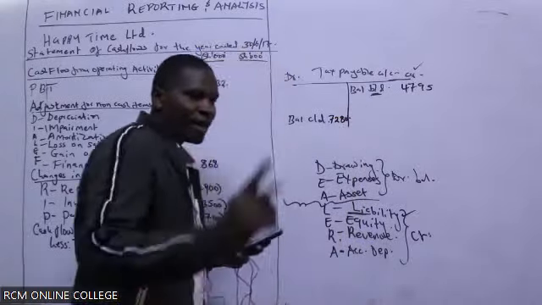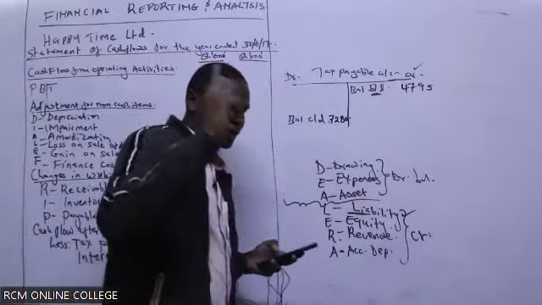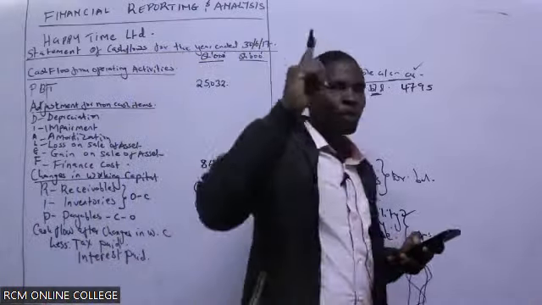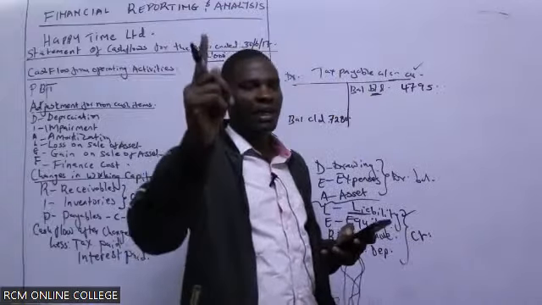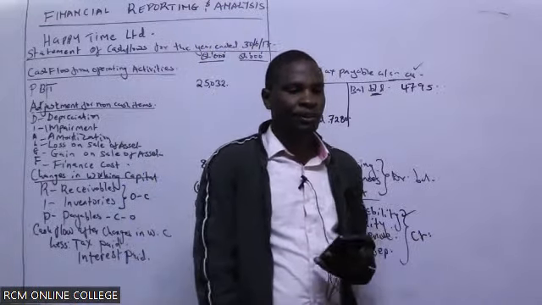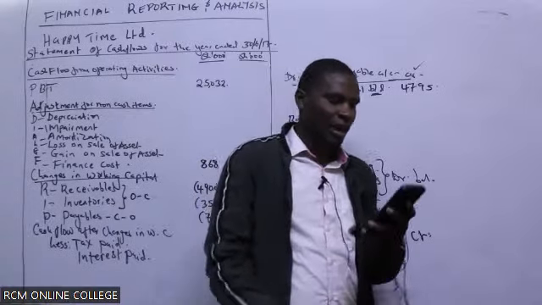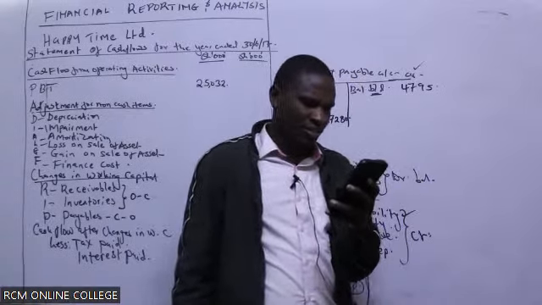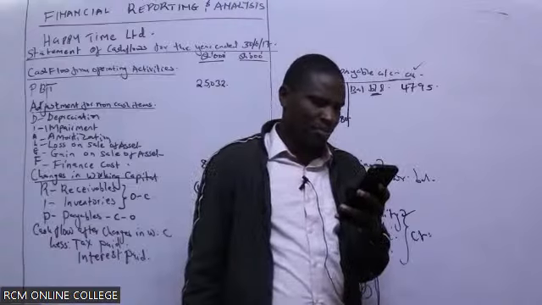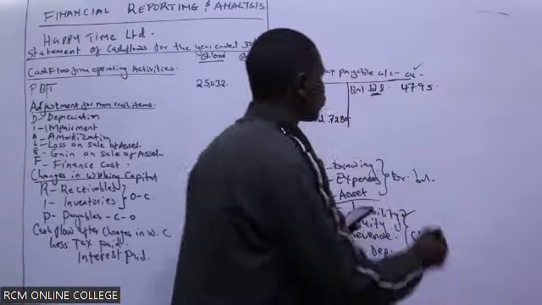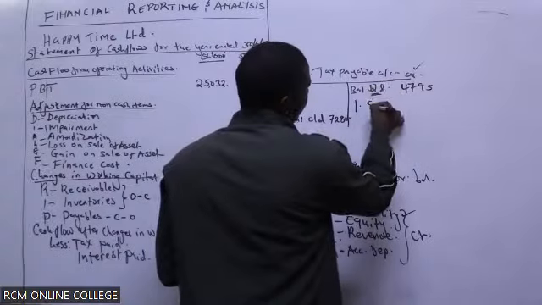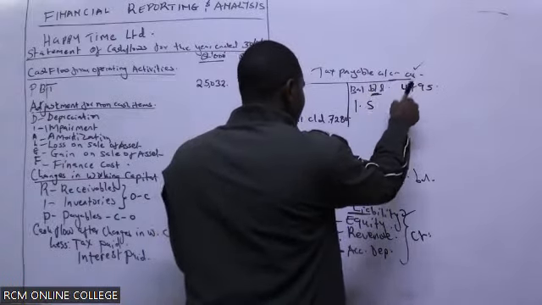Then we have a tax in the income statement. Where do we record? On the debit or credit side? Credit side. How much is it? Income tax expense, 72.80. So you come here and put from the income statement, there is this tax of 72.80.